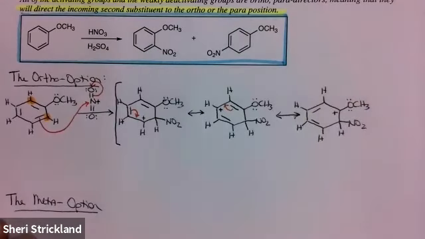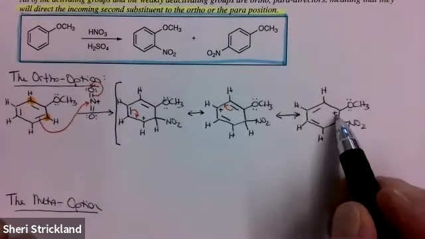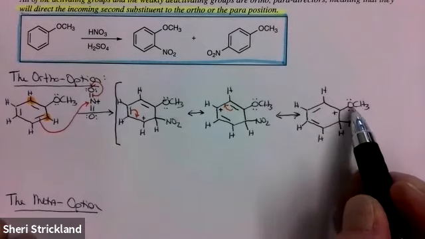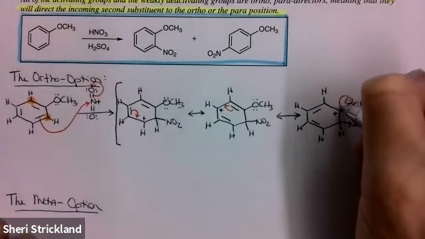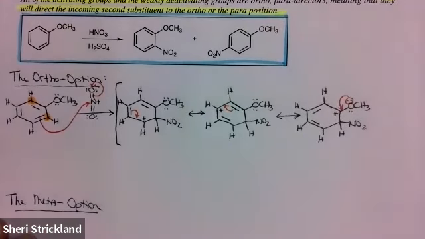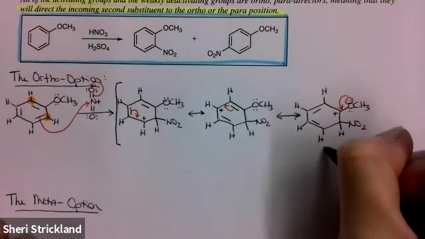Now it turns out that because the positive charge is on the carbon adjacent to the oxygen, it can actually use a pair of non-bonding electrons and make a 4th resonance contributor, like this.